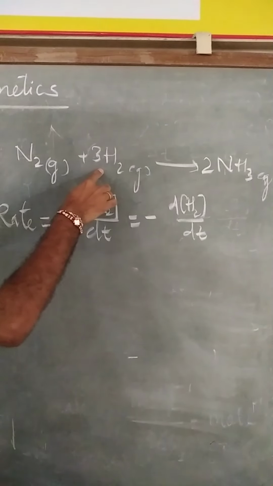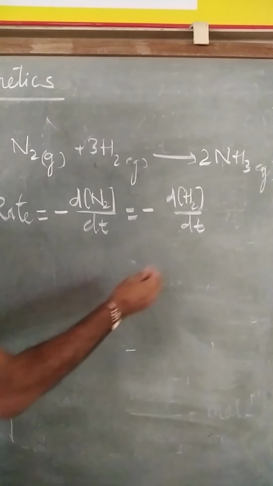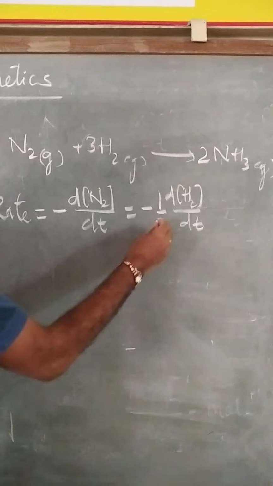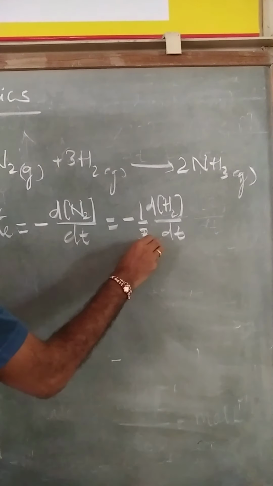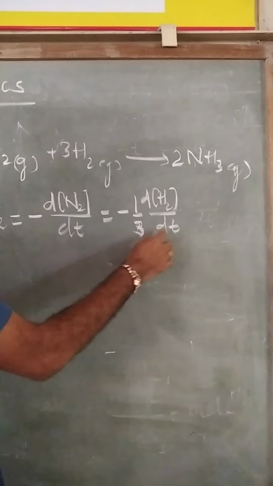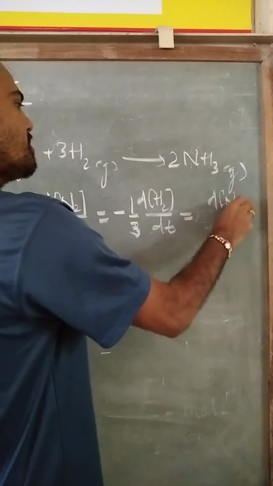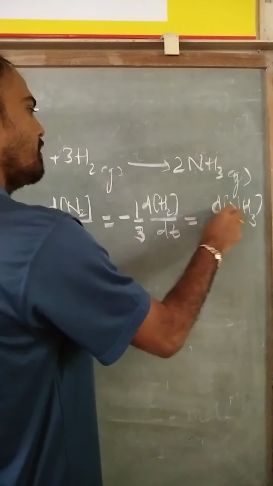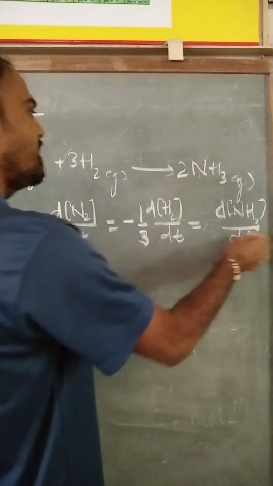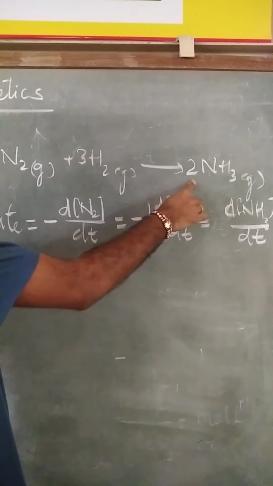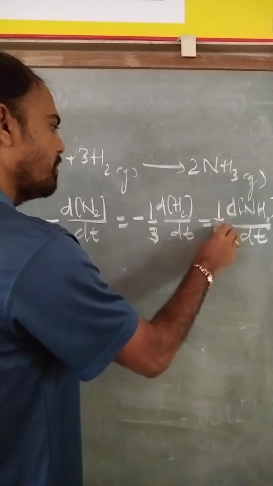But since the stoichiometric coefficient is 3, this should be divided by 3, so 1 by 3 into d[H2] by dt, which is equal to d[NH3] by dt. But here 2 moles of ammonia are formed, the stoichiometric coefficient is 2, and that's why it is 1 by 2.